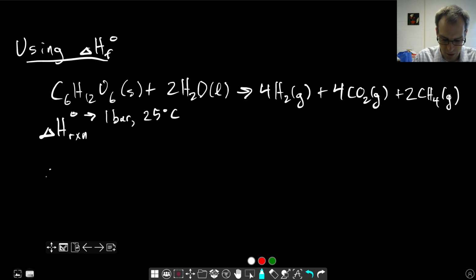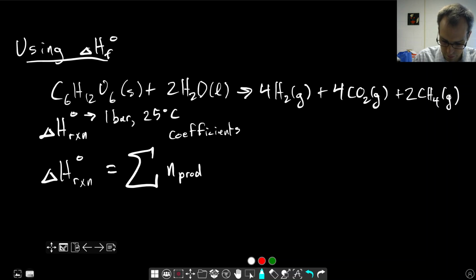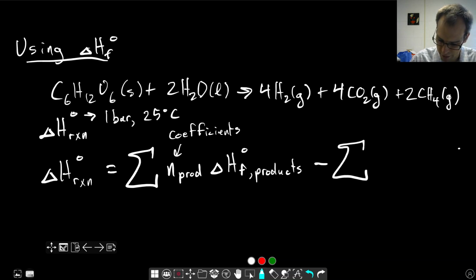The generic form of this equation is that our standard enthalpy of reaction is equal to the sum, that's what this big sigma means, over all of our products, and we take the stoichiometric coefficients, these n's, these are the coefficients, multiply those stoichiometric coefficients times the standard enthalpy of formation of the products, and we subtract the same thing but with the reactants.